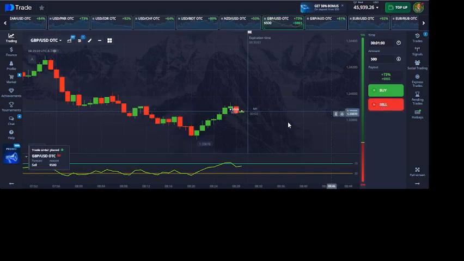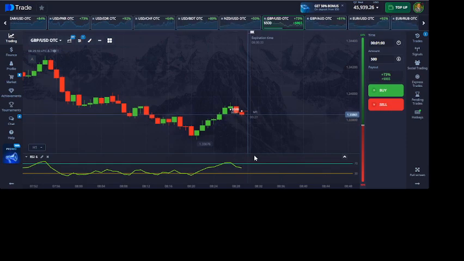Okay, so I just took a sell trade there. The idea is that the candle closes, it has to rise above the 70 line and then close below the 70 line. And so I took the sell trade. This suggests a continuance of bearish momentum to the downside over the next 60 seconds.